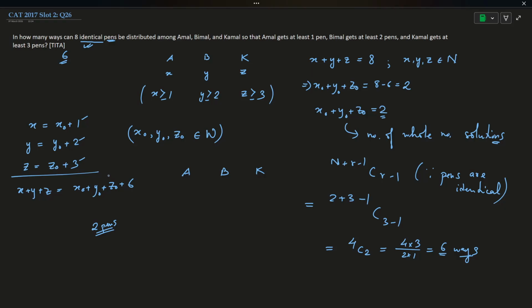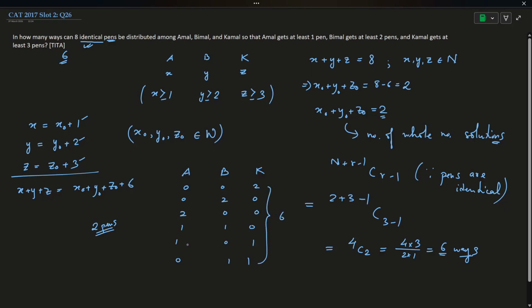That means out of these 2 pens I can have 0 0 2, I can have 0 2 0, I can have 2 0 0, I can have 1 1 0, I can have 1 0 1, I can have 0 1 1.